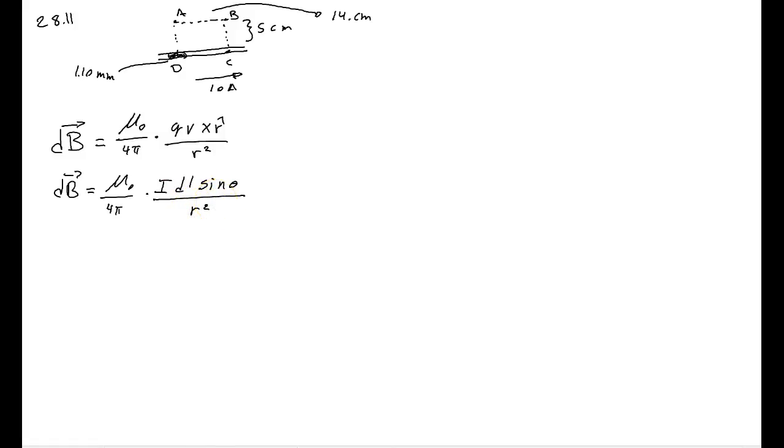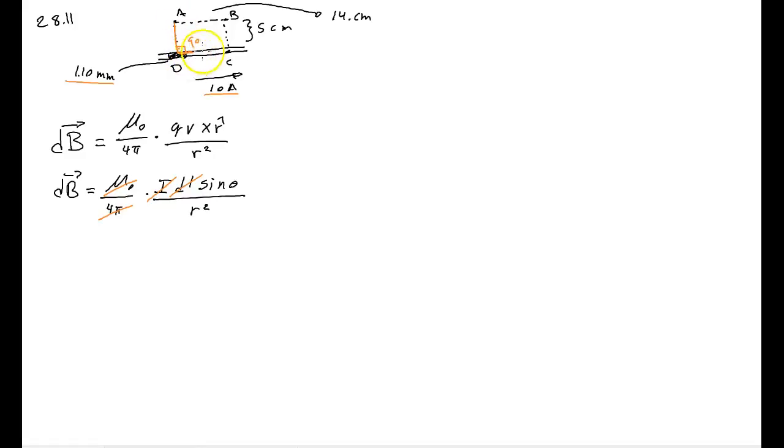And right now we know what mu sub naught stands for. We know what we got 4 pi, and we got the current, which is 10 amps. We got the L, which is 1.1 millimeters. And we know the angle of sine of theta. If we're talking about point A, then the angle is 90 degrees, because it's right here.